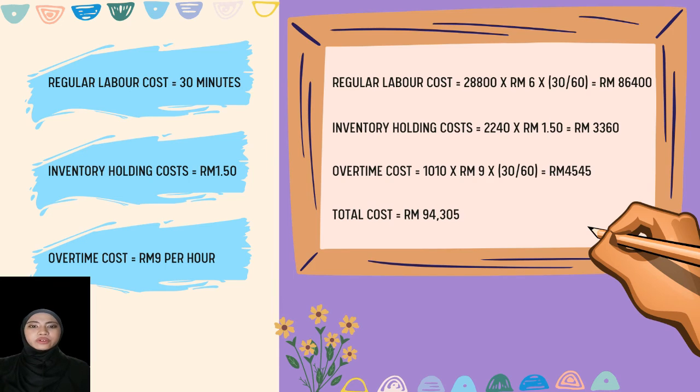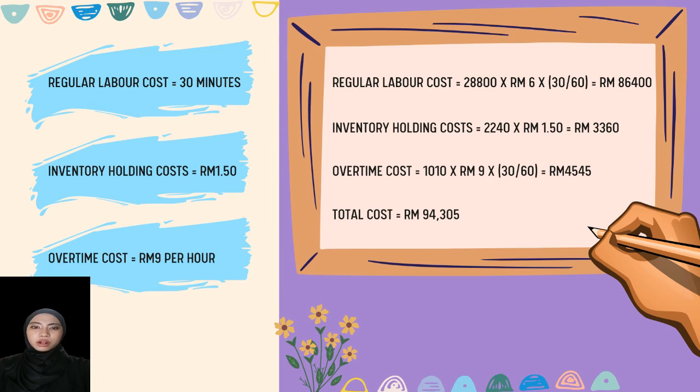To find the answer of regular labor cost, first is to find the total of capacity, which is 28,800, multiplied with RM 6 from the regular rate that was given in the data, multiplied with 30 divided by 60. The answer is RM 86,400.